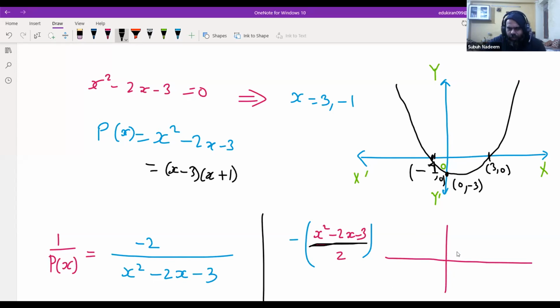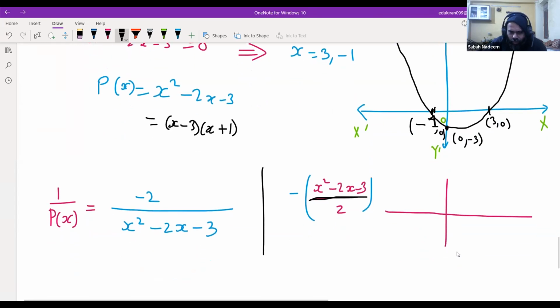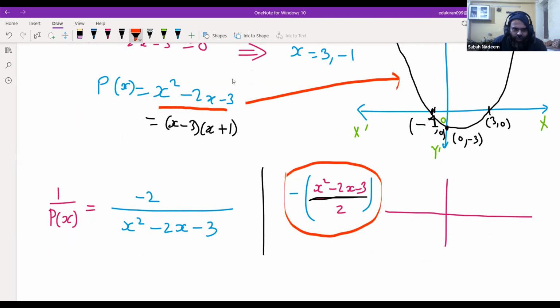If you see the above graph and draw this graph, this graph is for this one. And if you want to draw for this one, you take half of it and take the mirror image.